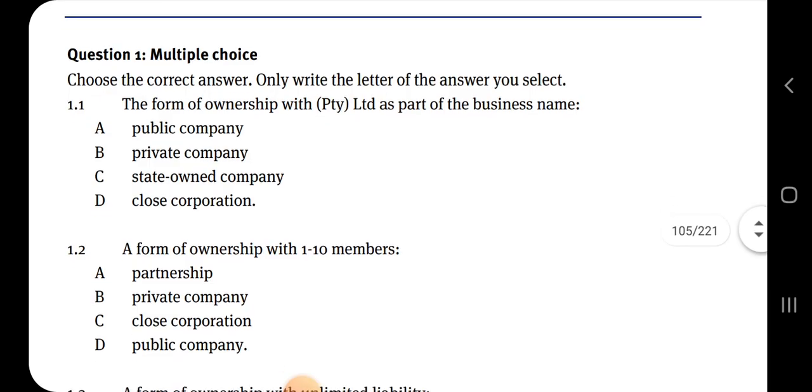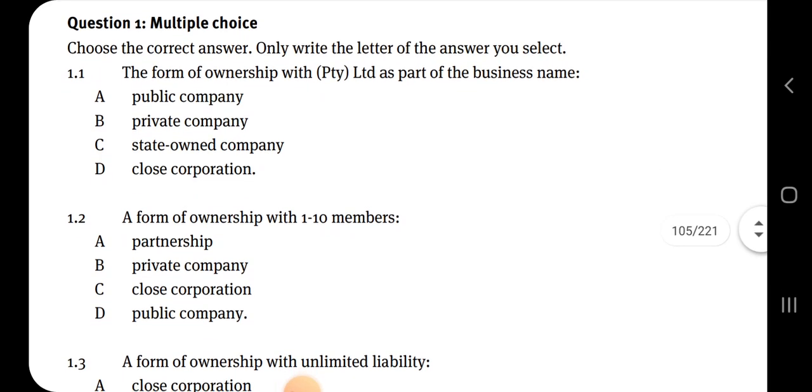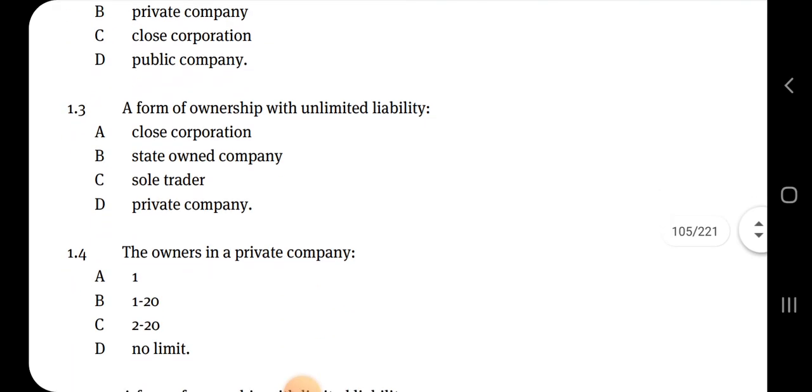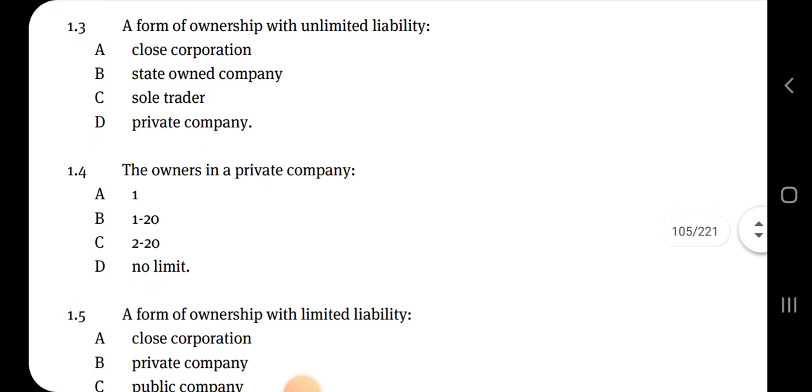Now, before that, let's look at this question. This is a multiple choice question. I'll just show them, you pause the video to answer, and I'll show you the answers just for you to see if you were not sleeping during this lesson.